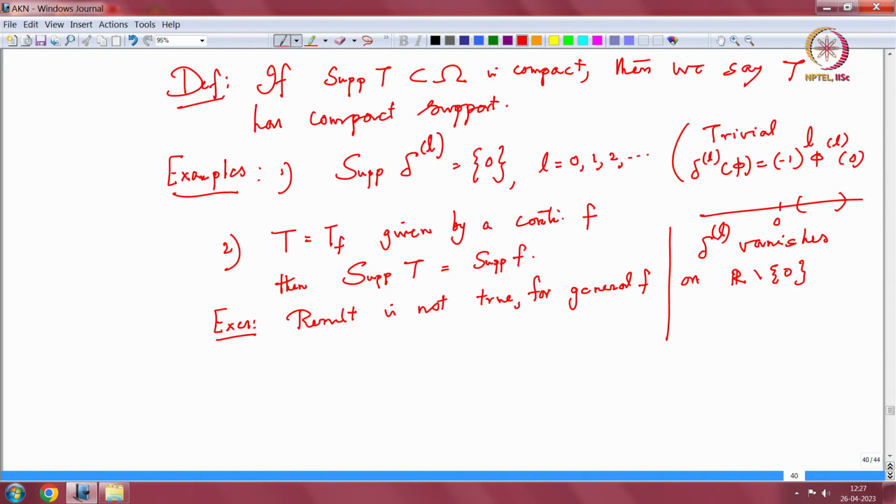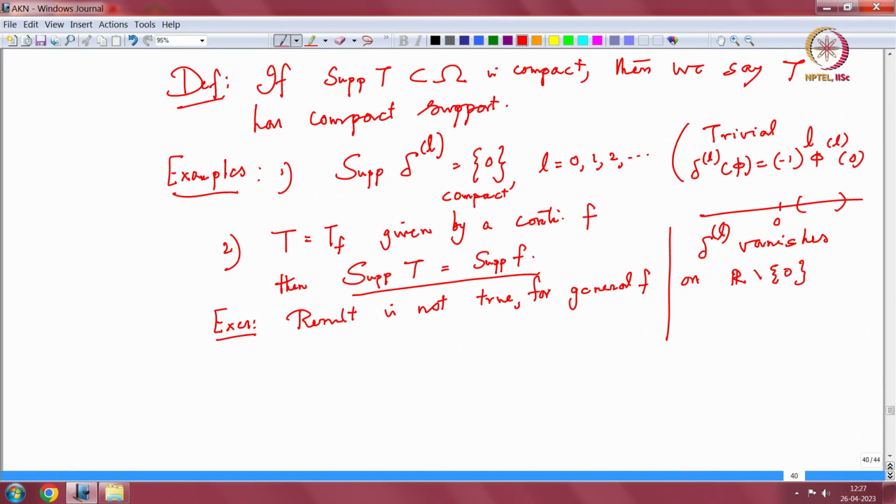So, the singleton is essentially given by the Dirac delta and its derivatives. This tells us that this is compact, and this example tells you that you can construct distributions T with non-compact support. It depends on the support of f.